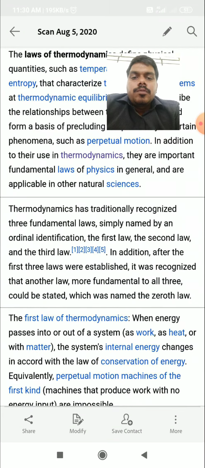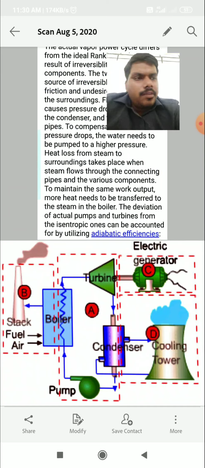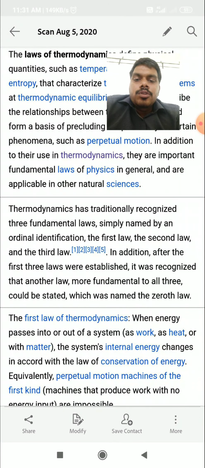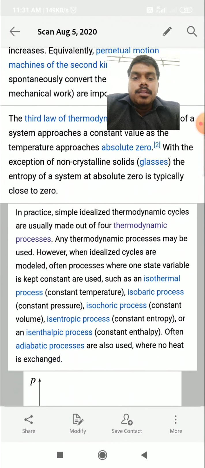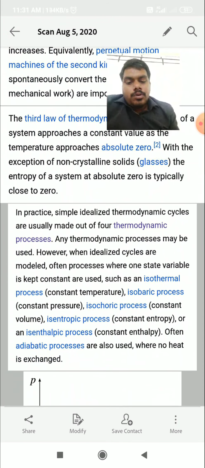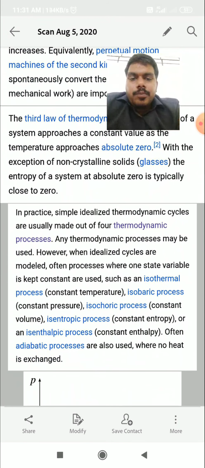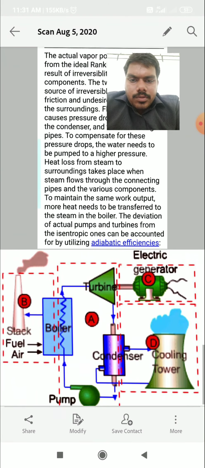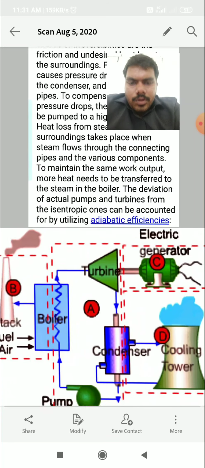From your syllabus point of view, I have completed two to three topics: what is thermodynamics, what are the four laws of thermodynamics, and the Rankine cycle. These are the points you should revise. Remember this diagram also.